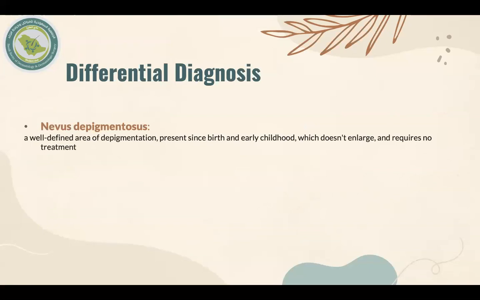Nevus depigmentosus, which is a well-defined area of depigmentation present since birth or early childhood, which doesn't enlarge and requires no treatment. Chemical leukoderma, which is loss of skin pigment due to contact with chemicals.